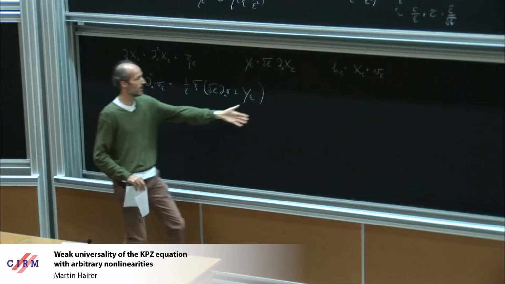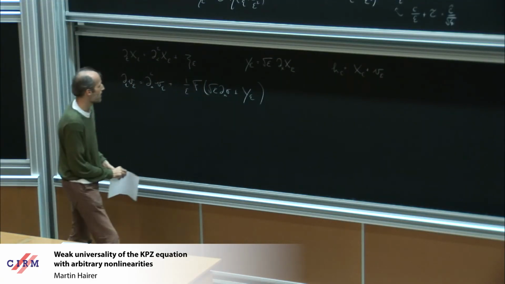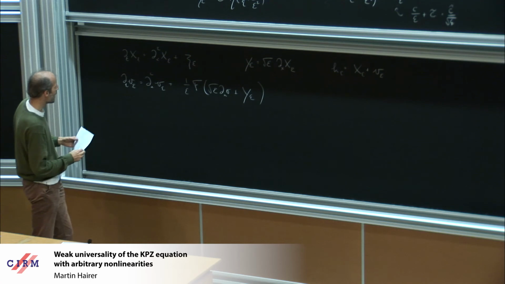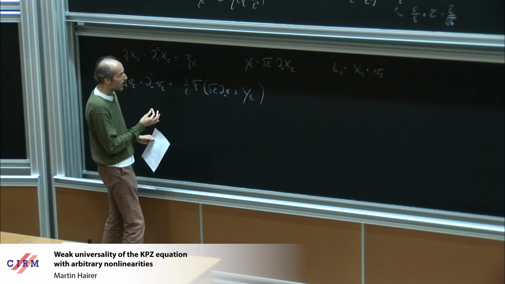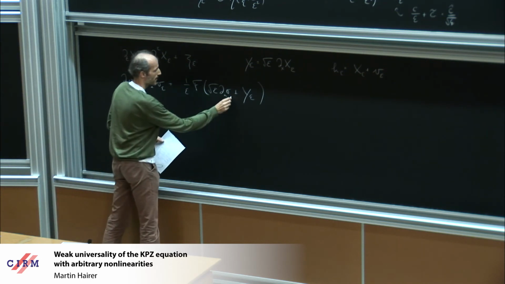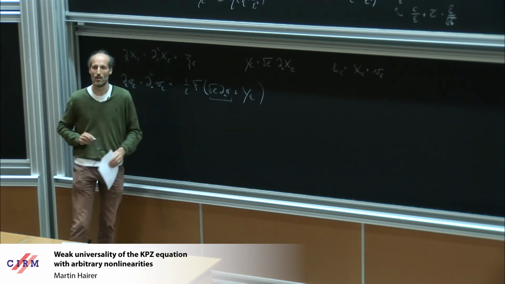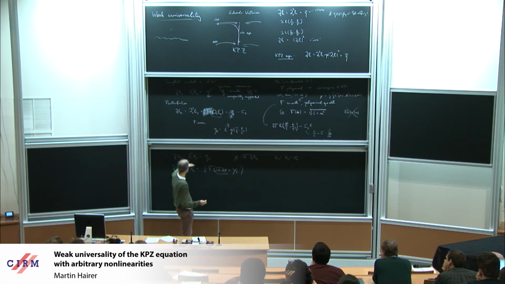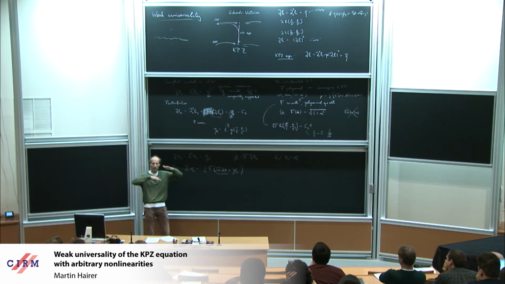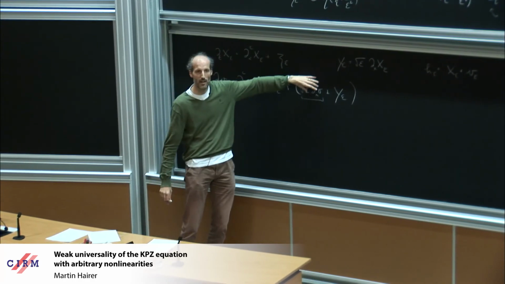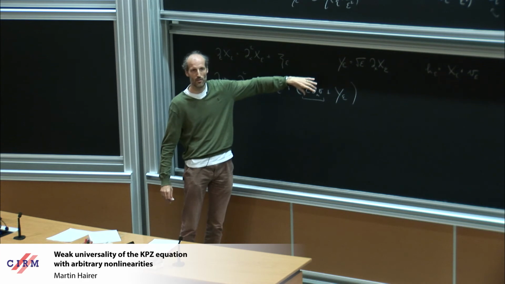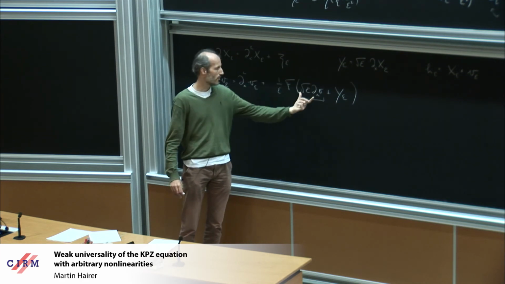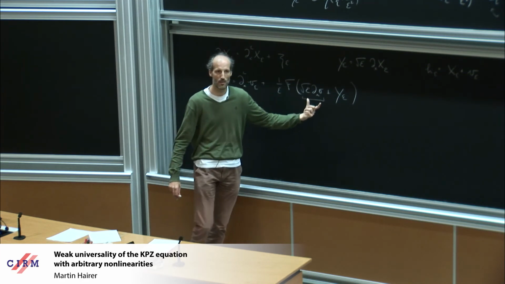And now you can guess that this quantity here should be small. Because the hope is that once you've subtracted this, this encodes most of the local fluctuations of the derivative. And the thing that's left should be of low order. So hopefully this is small.